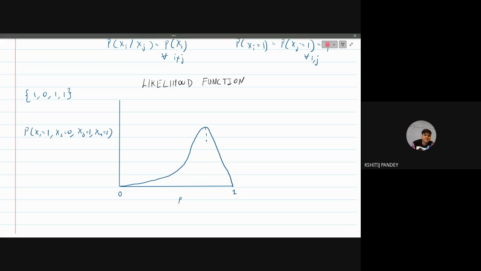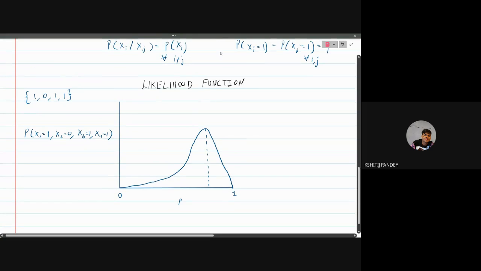And here we want to find this peak value. What value of p will have the highest probability of generating this data? What value of p is most likely to generate this data, we want to find.